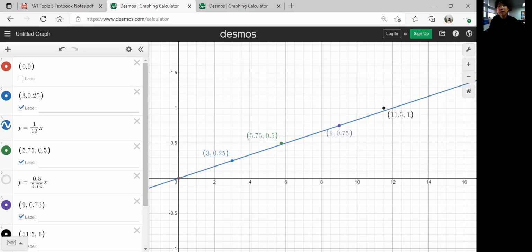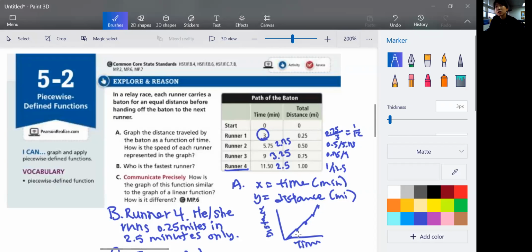Well, instead of using the best fit line, another way to graph it is to connect all the points with straight lines, but as different line segments. This is not an accurate graph, but you should graph all the points like we did in Desmos and graph each line as a segment.